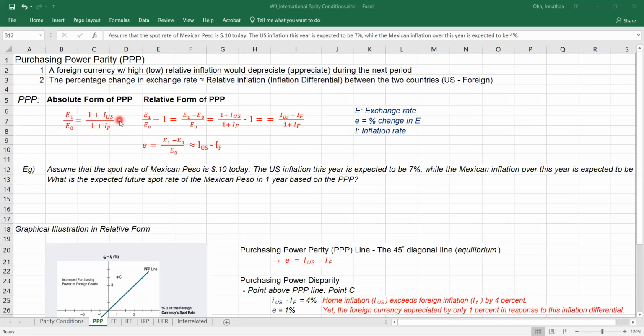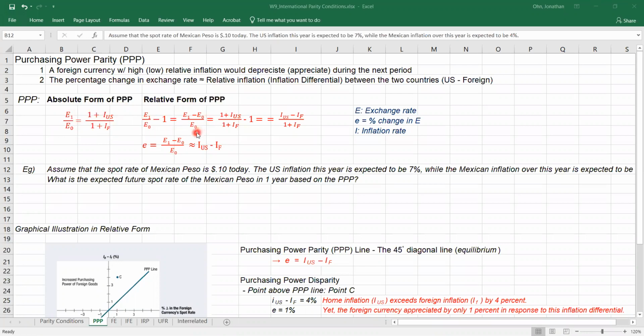So this model is the complete form, or absolute form, of PPP, purchasing power parity. If you want to change that to relative form, you subtract 1 from both sides.